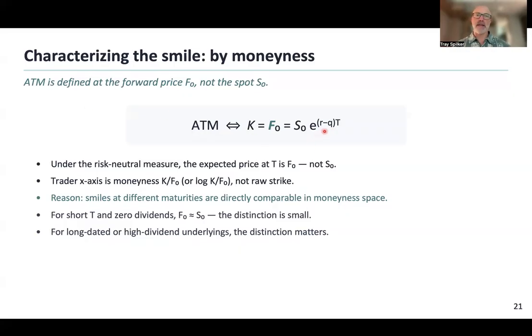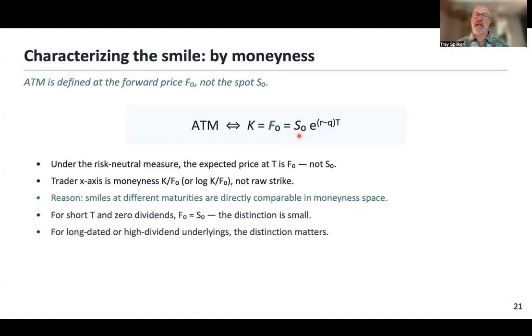Specifically, it's risk-neutral pricing, so it fits nicely with what we've already learned. The forward price is going to be the relevant anchor under our risk-neutral measure here. So our expected price at maturity is actually F0, right? So an at-the-money option is when K is equal to F0, not the spot price.